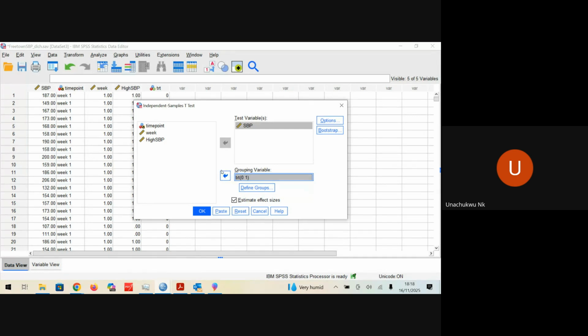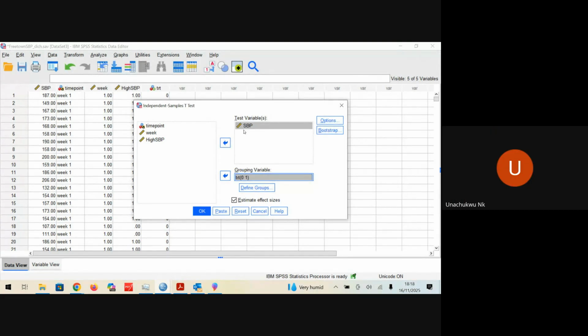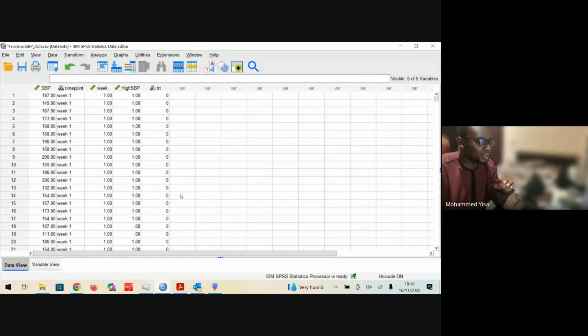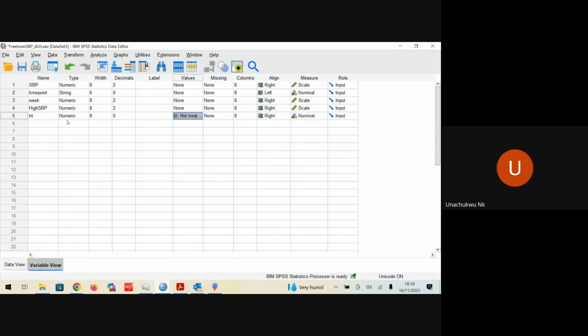No, don't share your screen. Where did you stop understanding? We selected that we are testing systolic blood pressure. Yes. So right now I put use specified values, group 1, 0, and 1. Then later you started changing some things in the data and variable view. No, I didn't change.